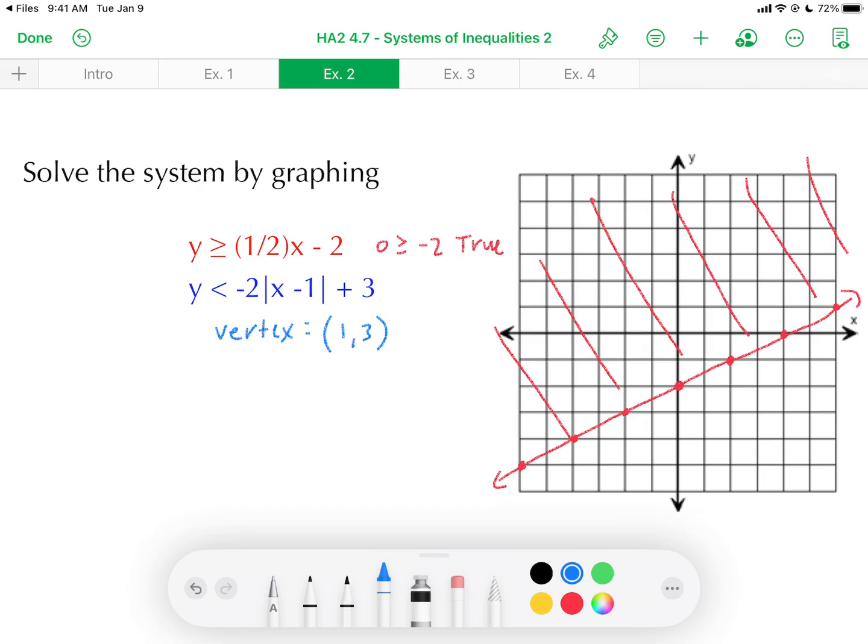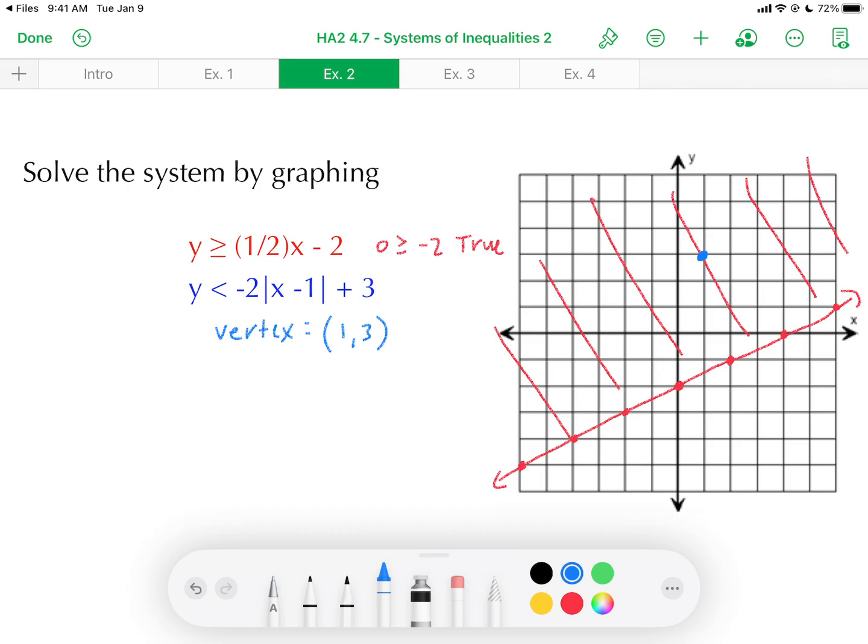So we take the opposite of the value that's in with x to give us +1, and then the number that's being added at the end gives you the y coordinate of that vertex, okay? So let's plot that point, 1, 3. And then the -2 that's out in front, multiplying the absolute value, tells you two things.